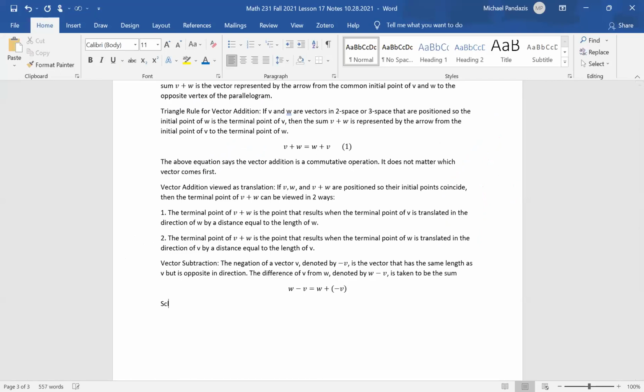There's also scalar multiplication of vectors.